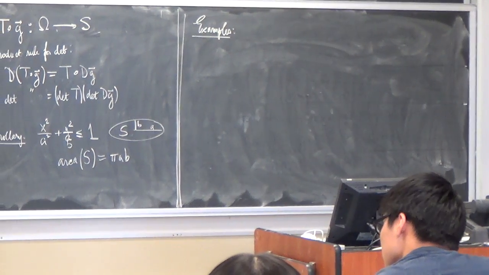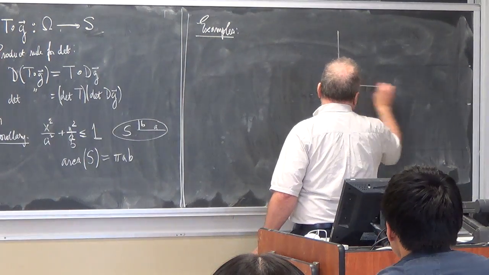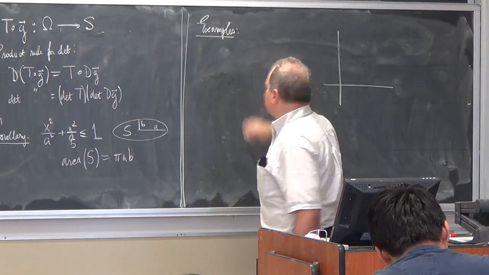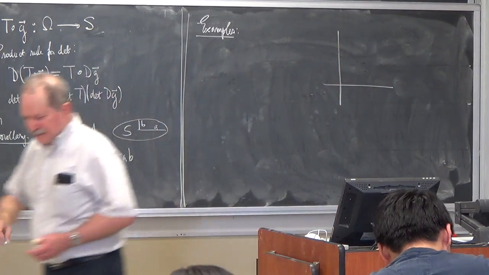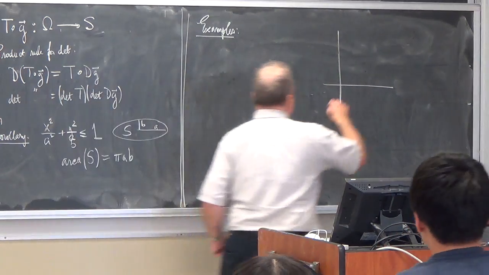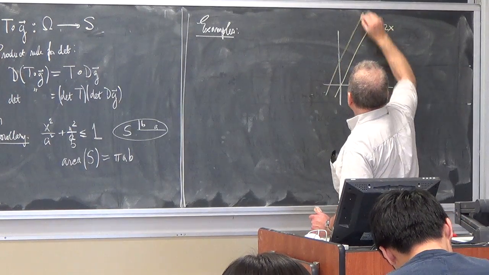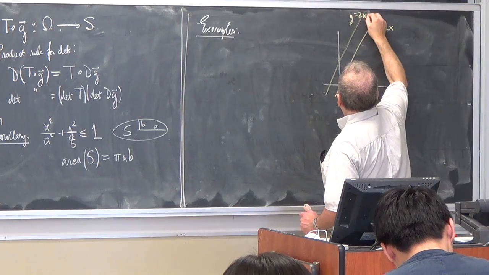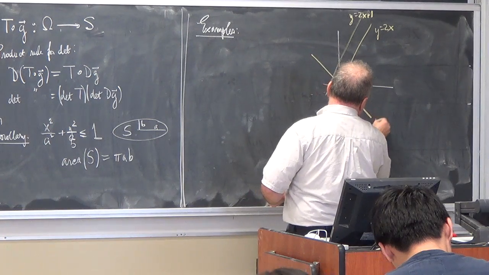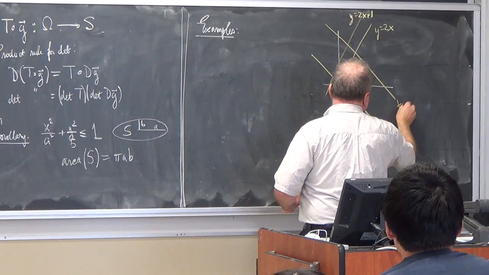So let's say we have the following region. I'm going to draw the XY region here, and then we're going to keep our U space back here to map. So I have the line y equals 2x, the line y equals 2x plus 1, the line x plus y equals 0, and the line x plus y equals 3.